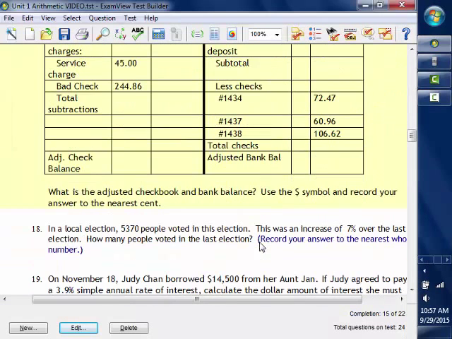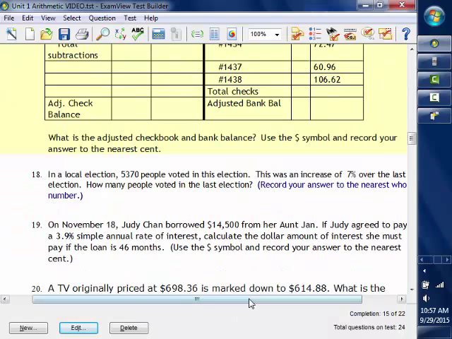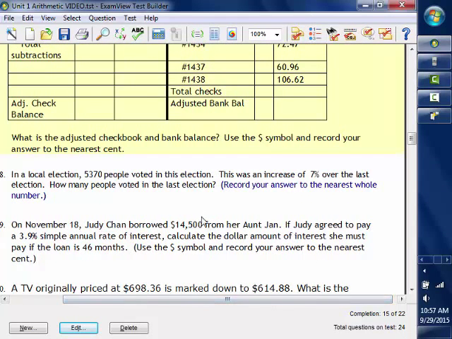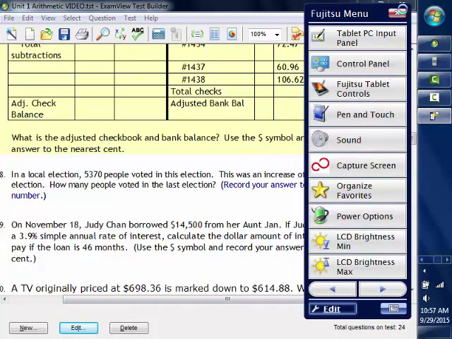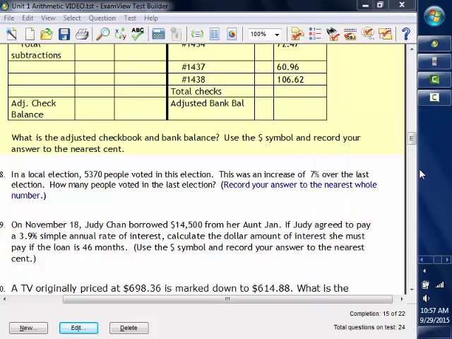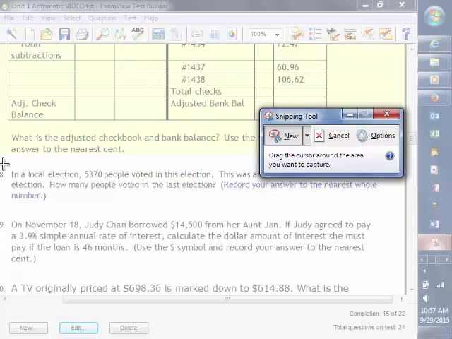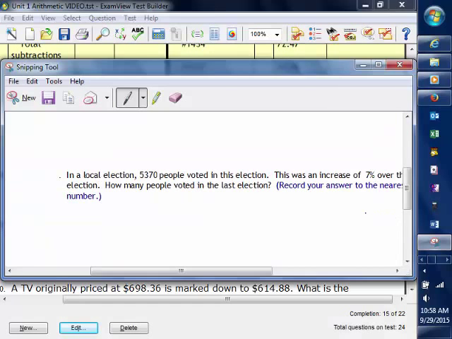Next, in a local election, 5,704 people voted in this election. This was an increase over last election. So what we need to do is to write down our information.